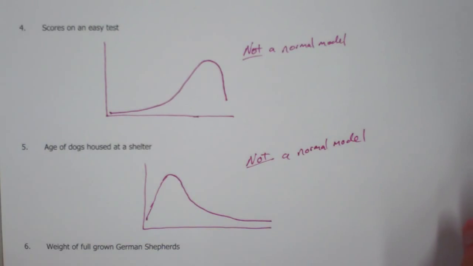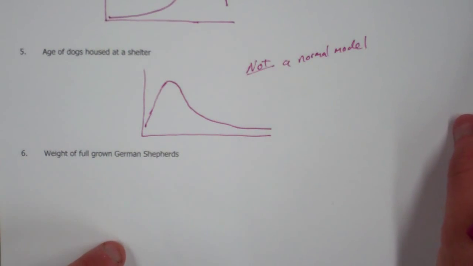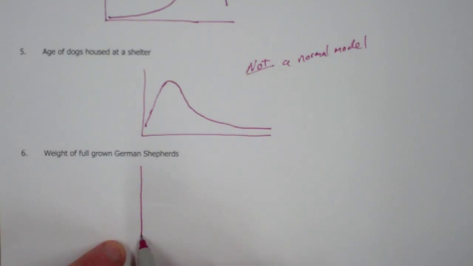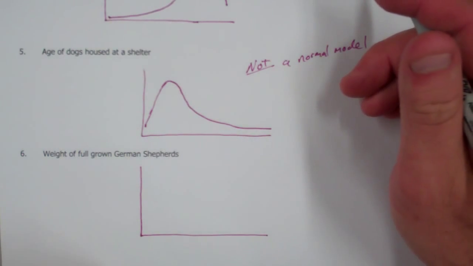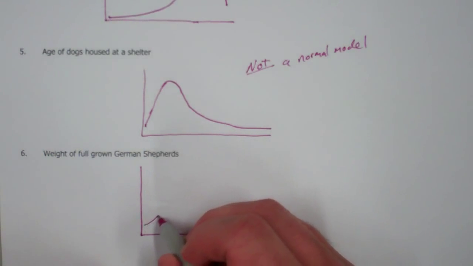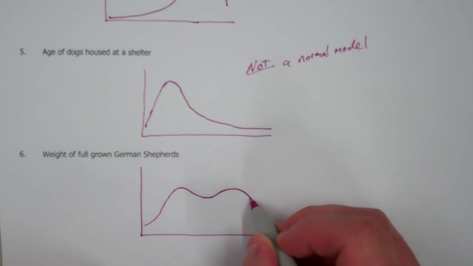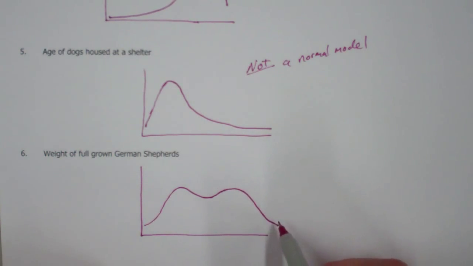Now the last one here is the weight of full-grown German Shepherds. Well, in a German Shepherd, I happen to know at least a little bit. I am not a breeder of German Shepherds, but I did have a couple growing up, and the females tend to be smaller than the males. And so we're going to have a situation like this, where we've got kind of a peak here, maybe a dip in the middle, where you get a little crossover, and then it's going to go down to the right after it goes back up again.